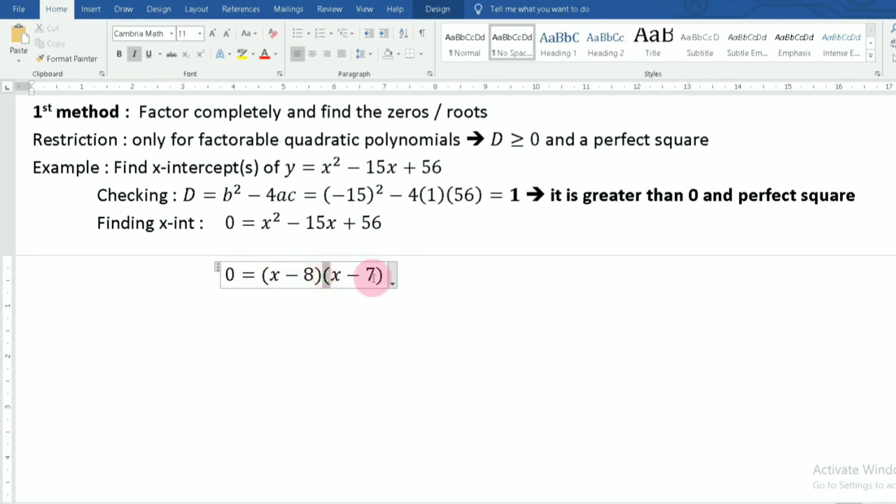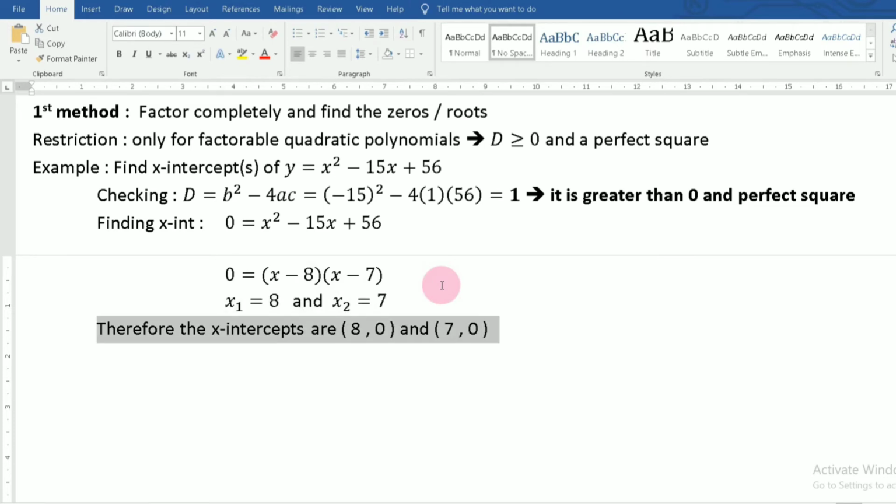And from this factor, the zero is 7, since if we substitute x by 7, it will become 0. So we have two zeros here, 8 and 7. The conclusion: there are two different x-intercepts, and they are (8, 0) and (7, 0).